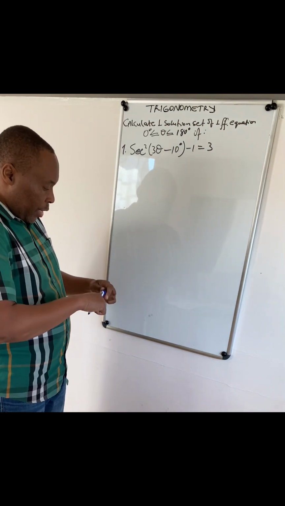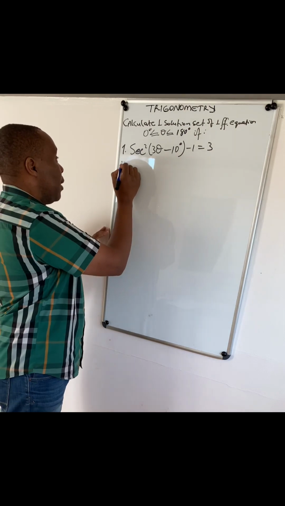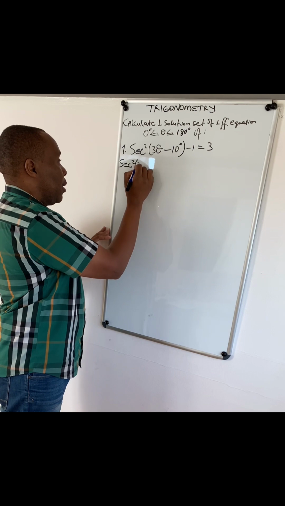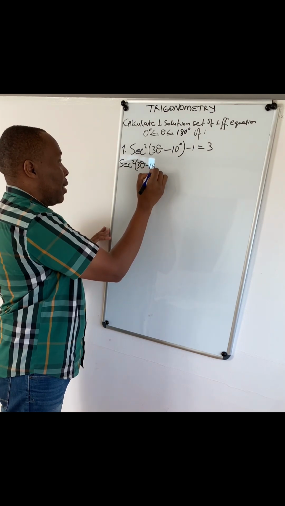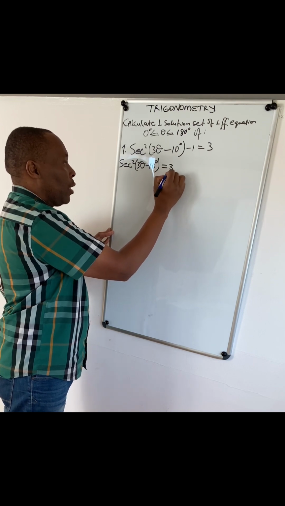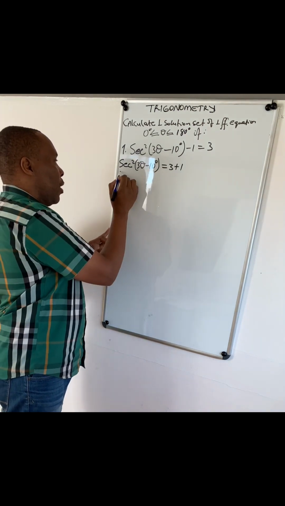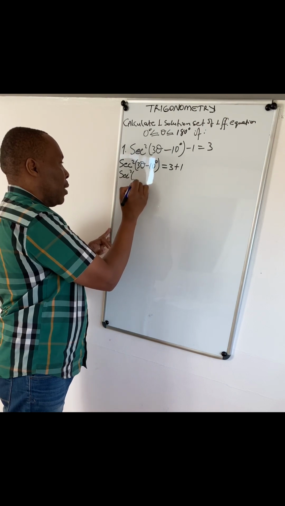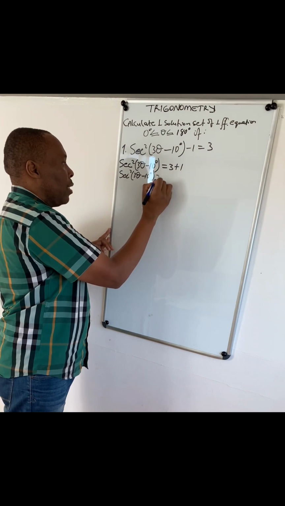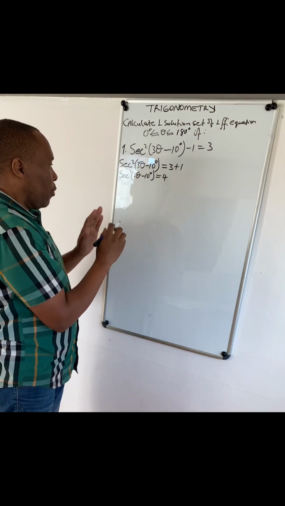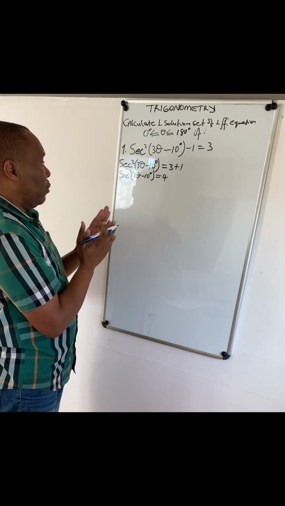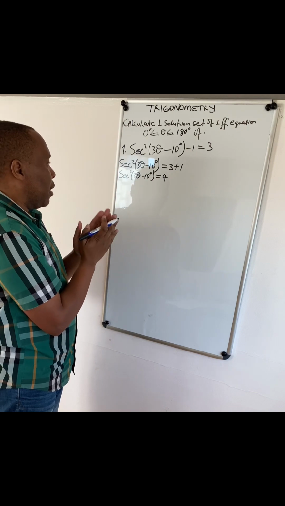So what we do here, we say, let me move it this side, sec squared (3 theta minus 10 degrees) is equal to 3 plus 1. So we have sec squared (3 theta minus 10 degrees) is equal to 4. When we have it like this, what we need to do is to get rid of sec squared.